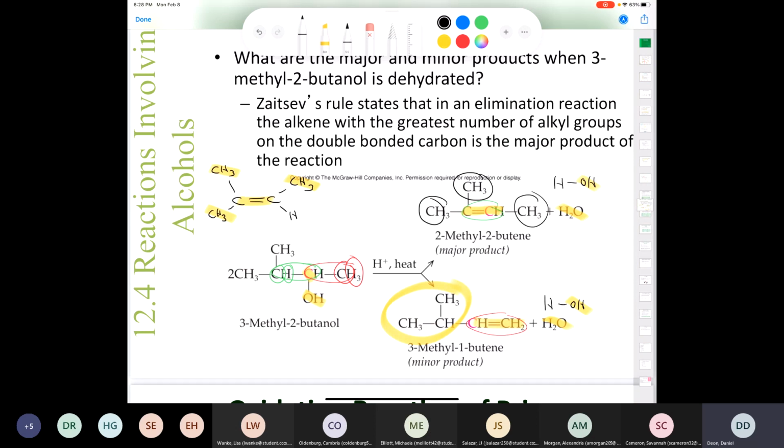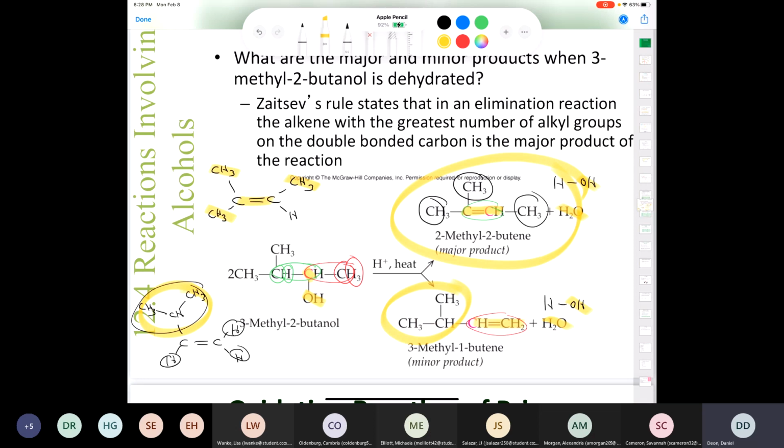Let's draw out more of an expanded structure of that. You've got CH, double bond, CH2, and you have an isopropyl group out here. So that's an R group. These 3 are not R groups. So the answer is you've got 1 R group. All right, so since 3 is greater than 1, this is the winner. Hot dog, we have a winner, right? There you go. Well, that covers Zaitsev's rule.